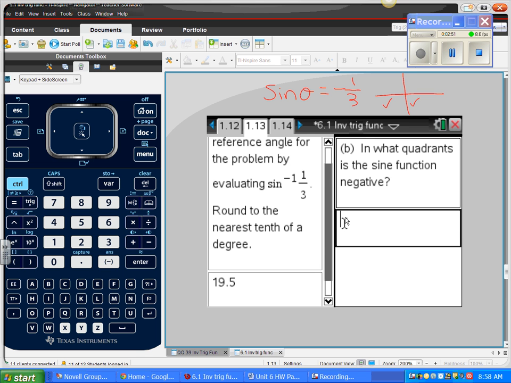So, how do I find those two angles? If I know the reference angle is 19.5, how do I find the angles that exist in quadrants 3 and 4? Do you guys know the rules? What about quadrant 3? What do you think we need to do?